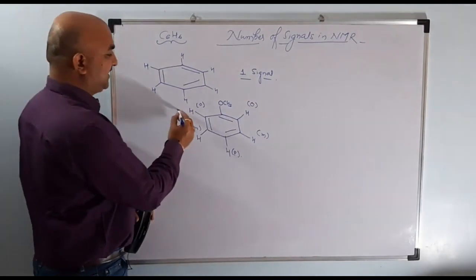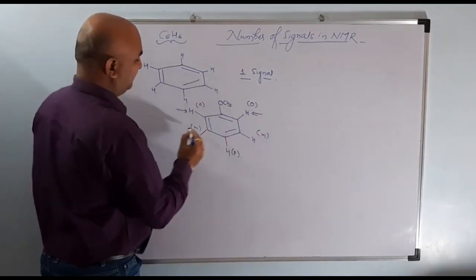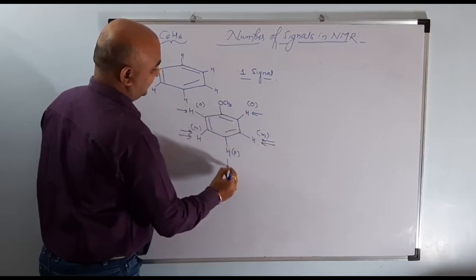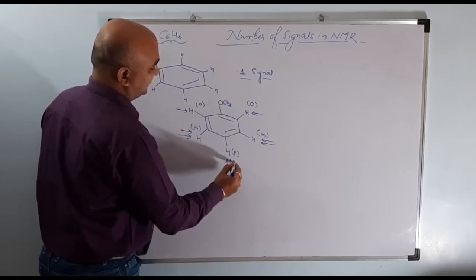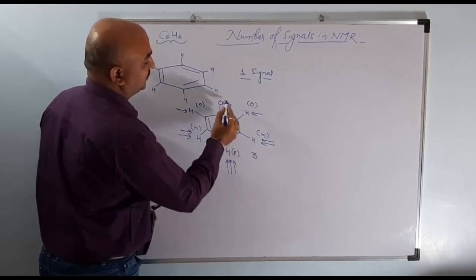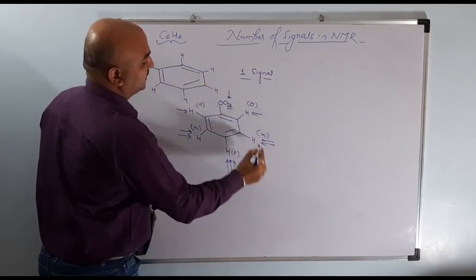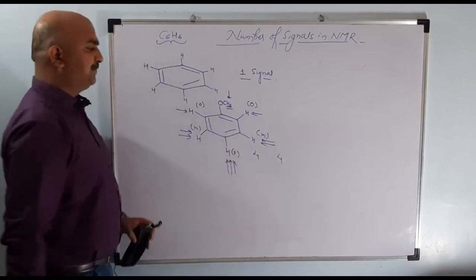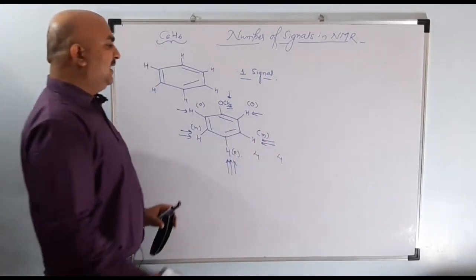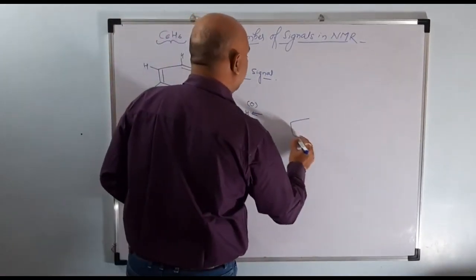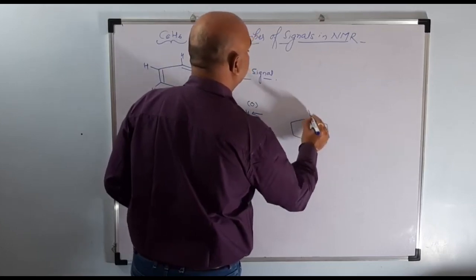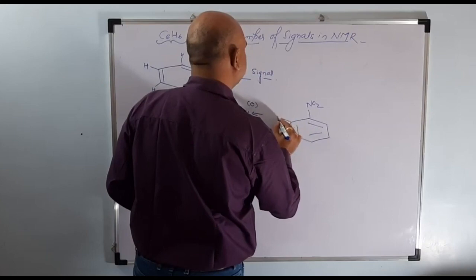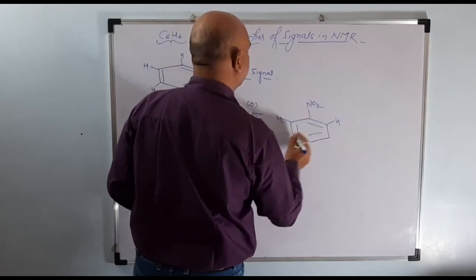So these are AA type, these are BB type, and these are C type. Three sets of protons, and this is D. So four sets of protons, four signals. Now I'll write down another example, an electron withdrawing group, NO2. This.